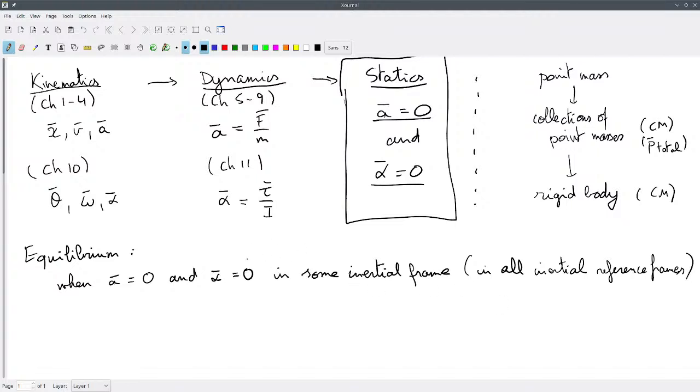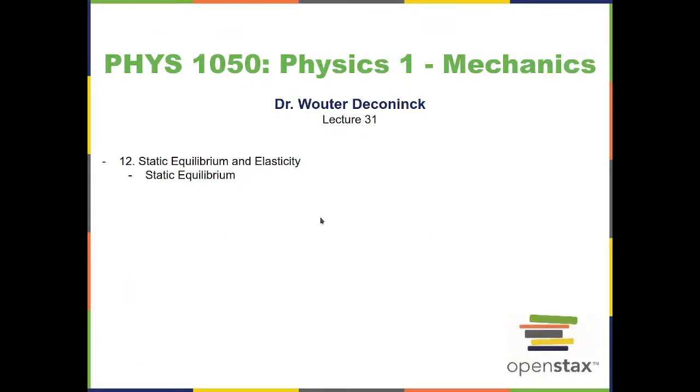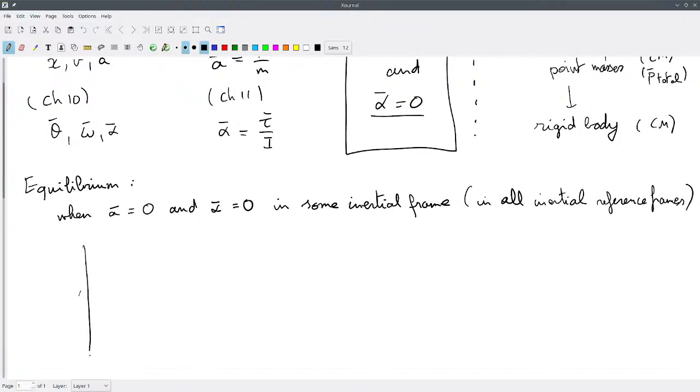So let's see. I don't think the slides are quite relevant yet. No. So if, for example, we're looking at a classic example, which I'm sure those in mechanical engineering will want to treat, a cantilevered beam that's sticking out of some wall, and we're actually going to treat this problem likely on Friday.